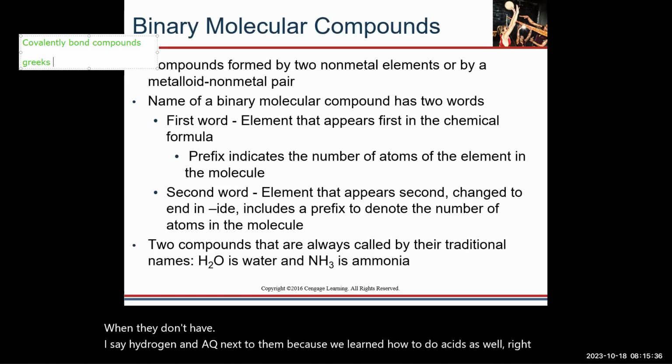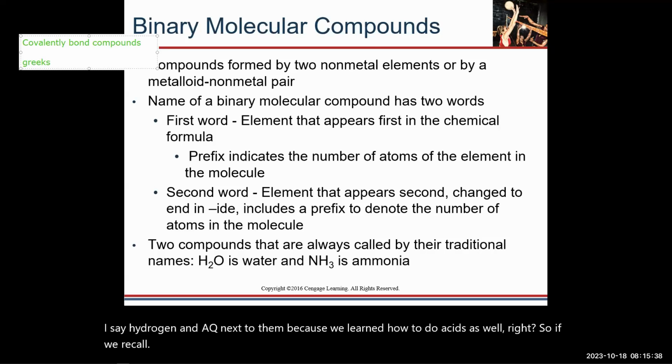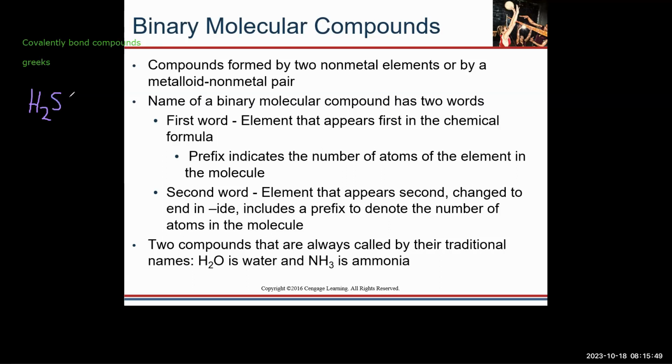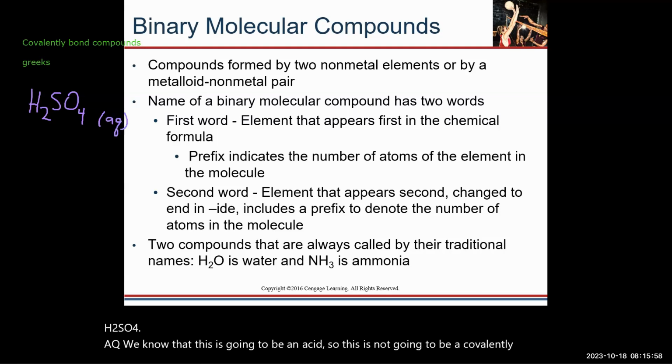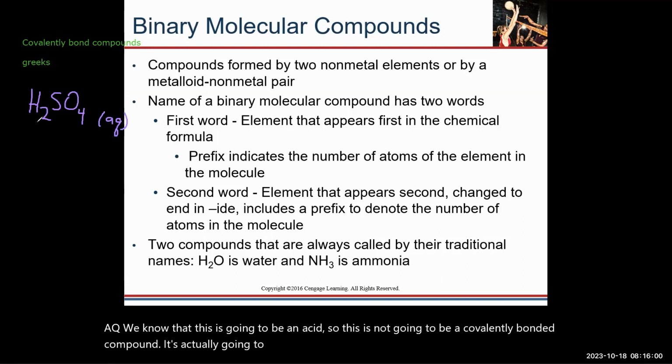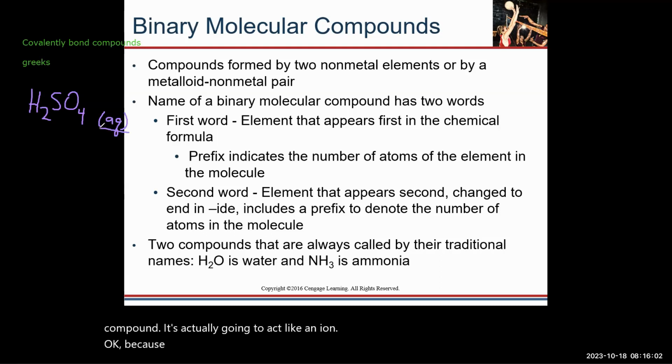So if we recall, H2SO4, AQ, we know that this is going to be an acid. So this is not going to be a covalently bonded compound. It's actually going to act like an ion, okay? Because of the AQ and because of the hydrogen in front, the H2.